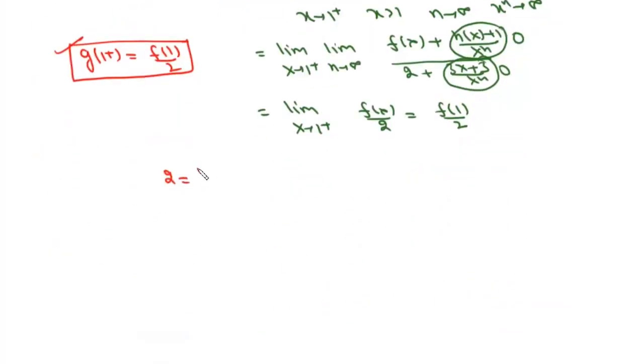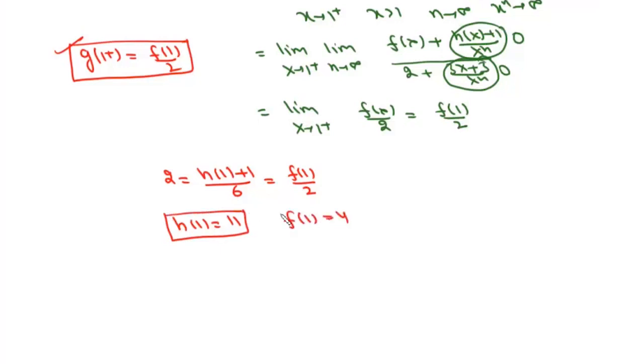2 equals (h(1) + 1) by 6, and it is equal to f(1) by 2. So from here we'll get h(1) is 11 and f(1) is 4. So now we have the values of g(1), h(1) and f(1).